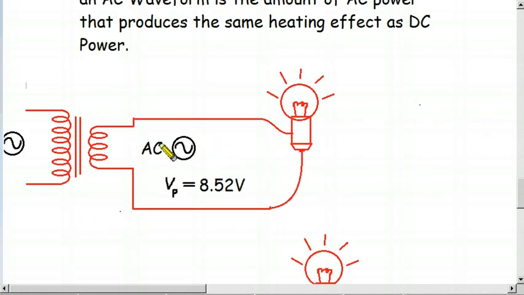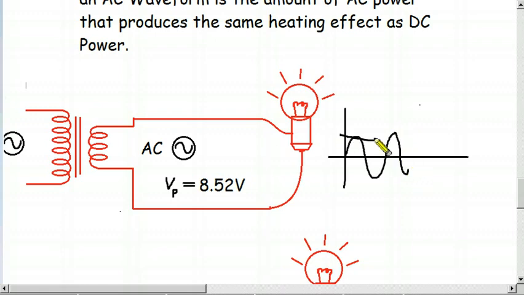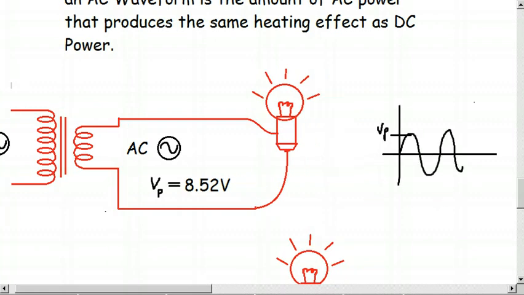Children, let us imagine that you have this transformer, and it has a peak value, say 8.52, that means the maximum voltage. This one is the peak value, V peak, equal to 8.52 volts or something like that. Then you light up a bulb using this transformer, which is AC.